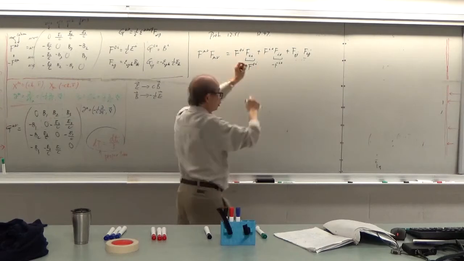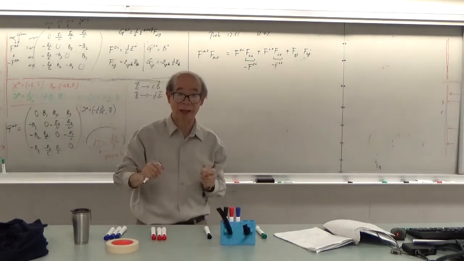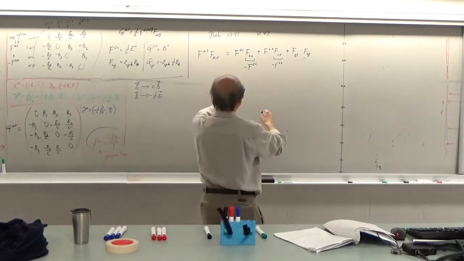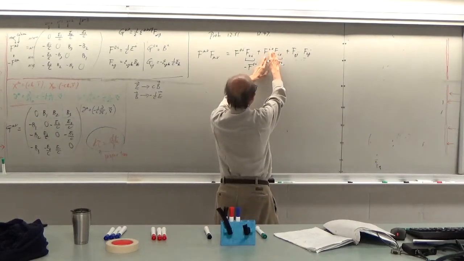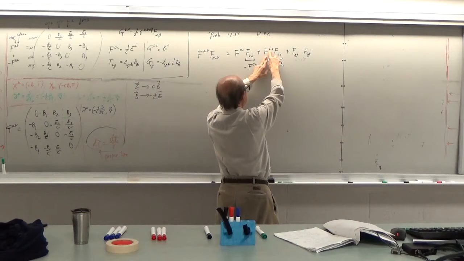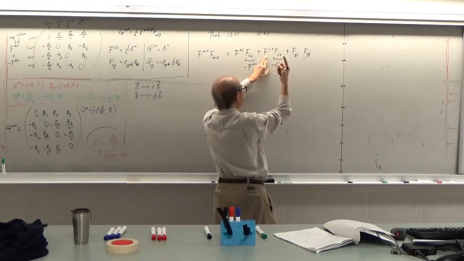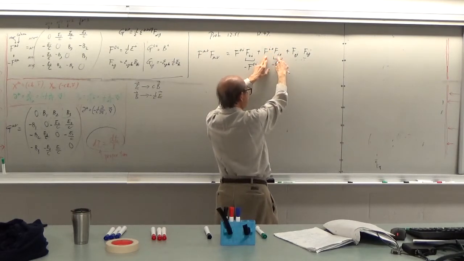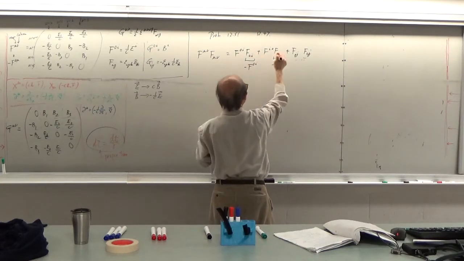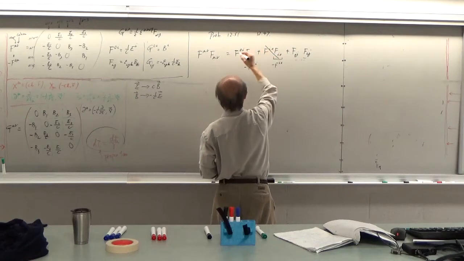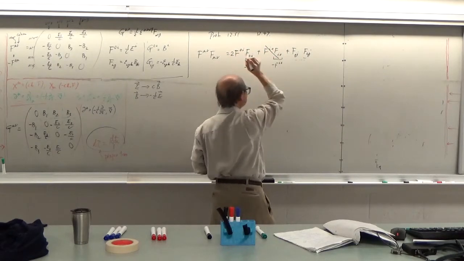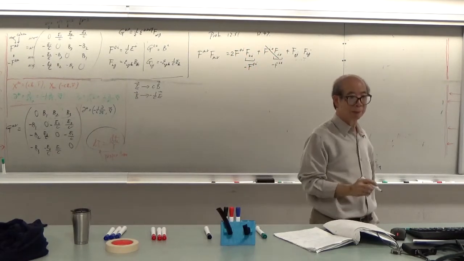The first term and the second term are actually equal, because I can interchange i and 0. Each time I interchange i and 0, I have to put a minus sign, but then there are two minus signs, so that minus minus is plus. So this term is the same as this term, so in fact I can forget about this term by putting a factor of 2 in front of it.